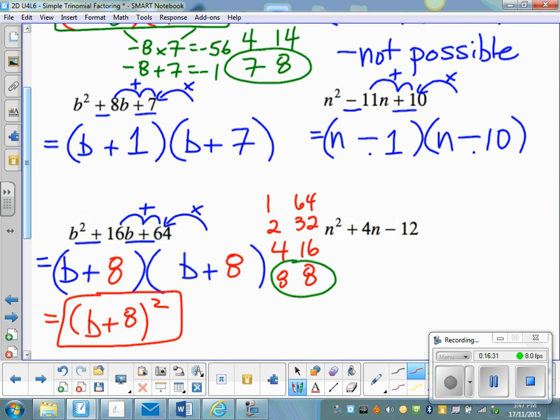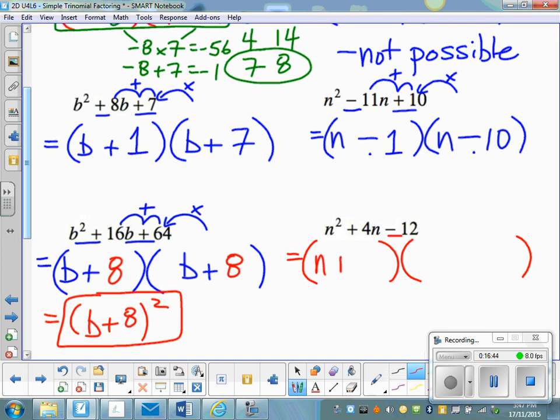Okay, last one here. I'm going to just get rid of these guys so I have some room. So first things first, I've got a negative on the end here, so I've got 1 that's going to be a plus, 1 that's going to be a minus. So I need two numbers that multiply to give 12 and subtract to give 4.